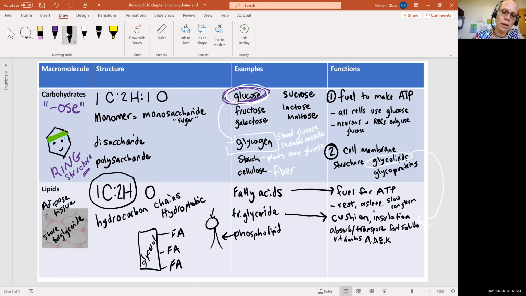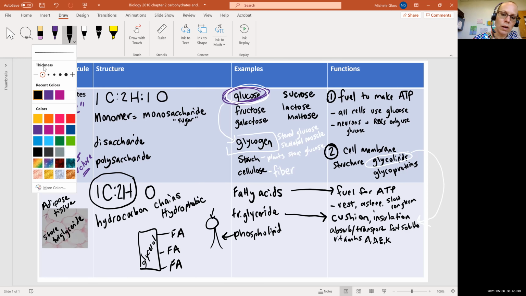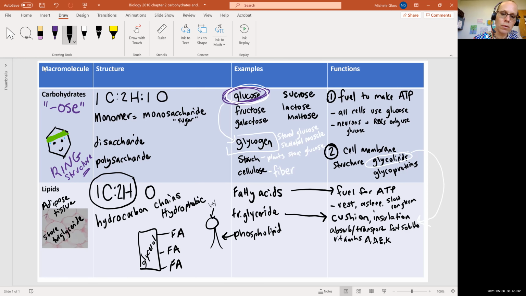We're going to describe it as having a hydrophilic head, and then what we would call hydrophobic tails. That word down there says tails.